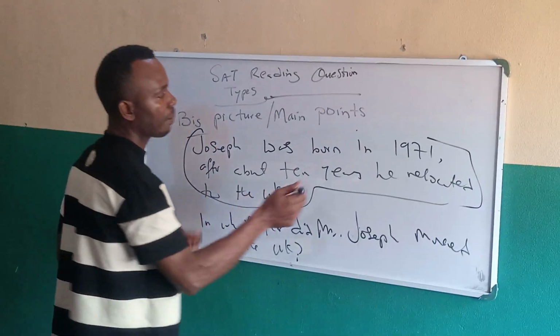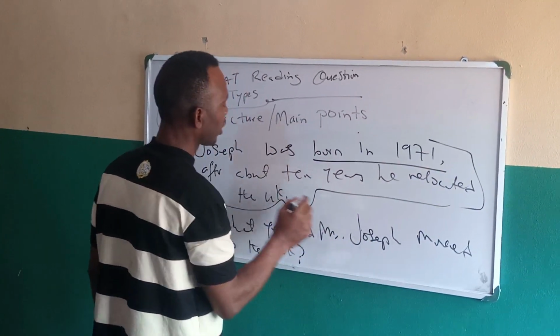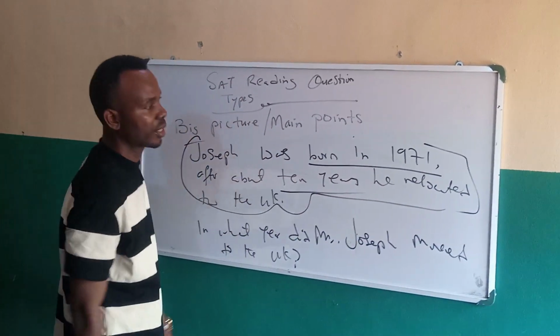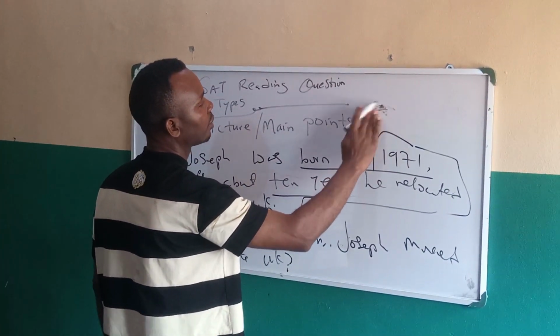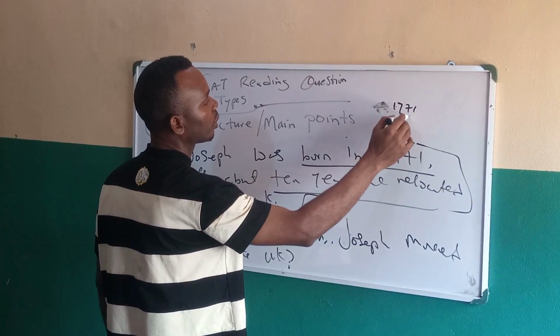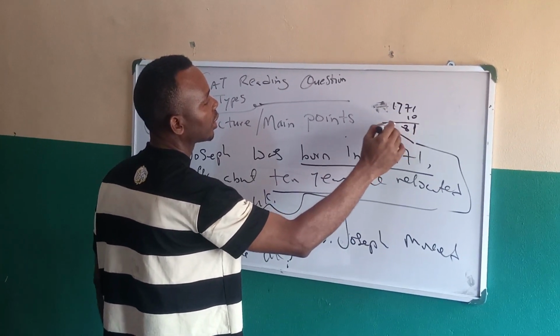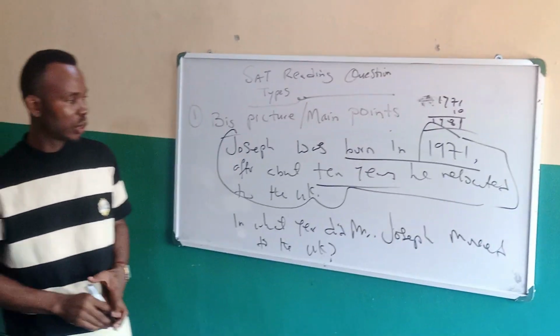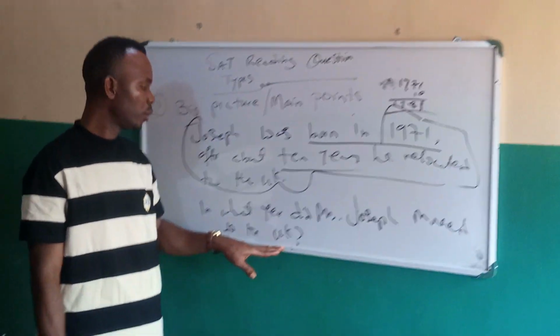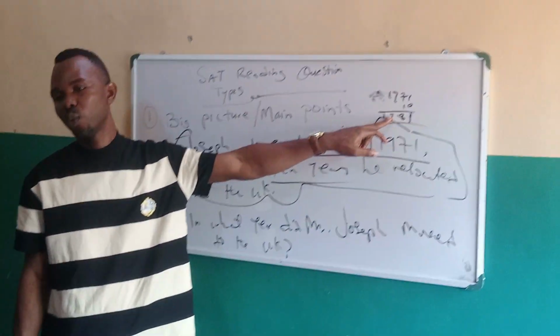But if you interpret the year he was born plus this, you are going to have a new meaning, which is 1971 plus 10, which is 1981. So that means Mr. Joseph moved to the UK in 1981.